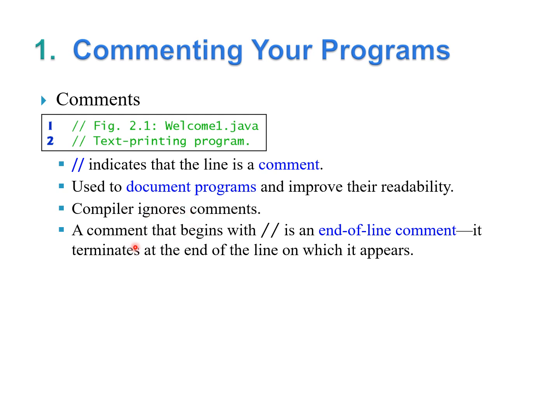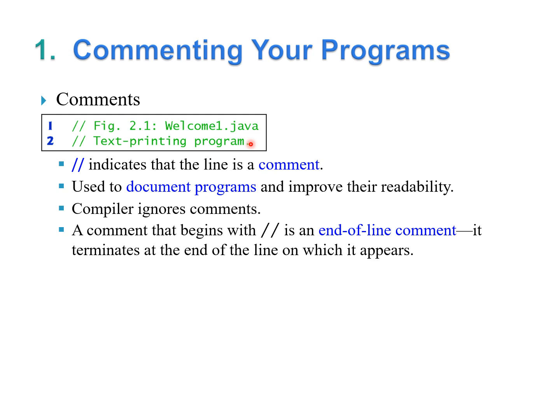A comment that begins with a double forward slash, like those in line 1 and line 2 of the Welcome One Java program, is an end of line comment, which means that the comment terminates at the end of the line on which it appears.